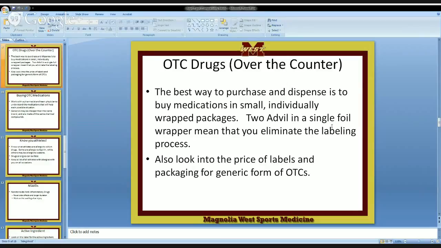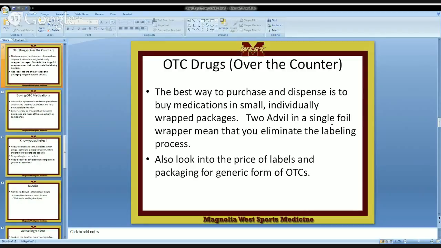Also, look at the price of labels and packaging for generic forms of over-the-counter drugs. When it says on here the active ingredient, okay? So if I look on this, active ingredient, ibuprofen, 200 milligrams. That means that if I give you 2 of these, you get 400 milligrams of ibuprofen.